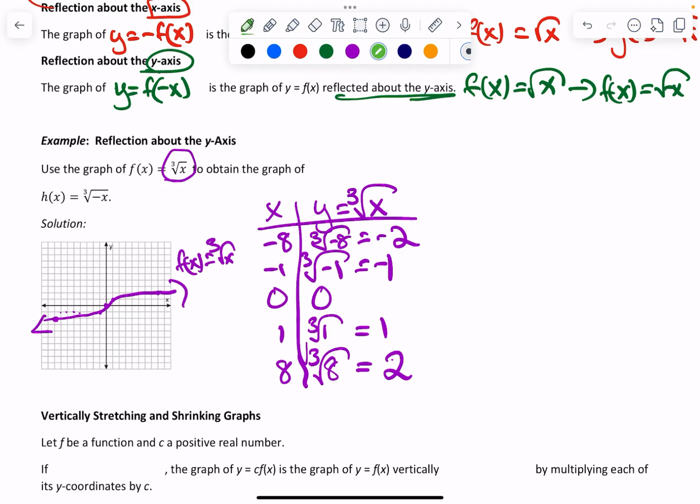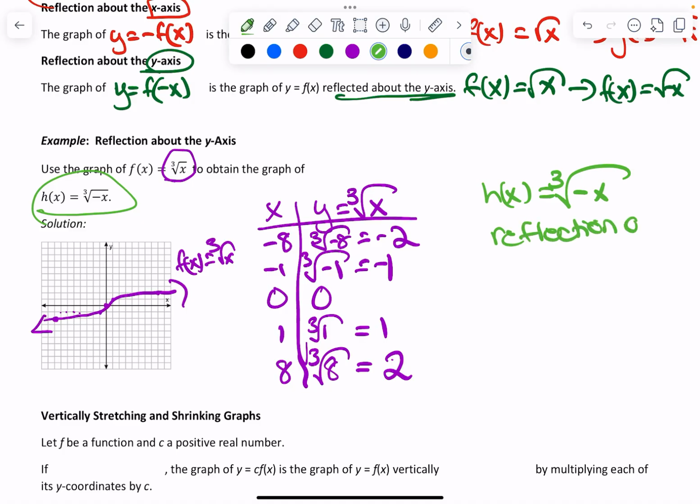Now we are doing a reflection. And here's the thing. As you can see, the negative is inside the cube root. So that means that this is a reflection about the y-axis. So there's one option for us to just reflect it about the y-axis.